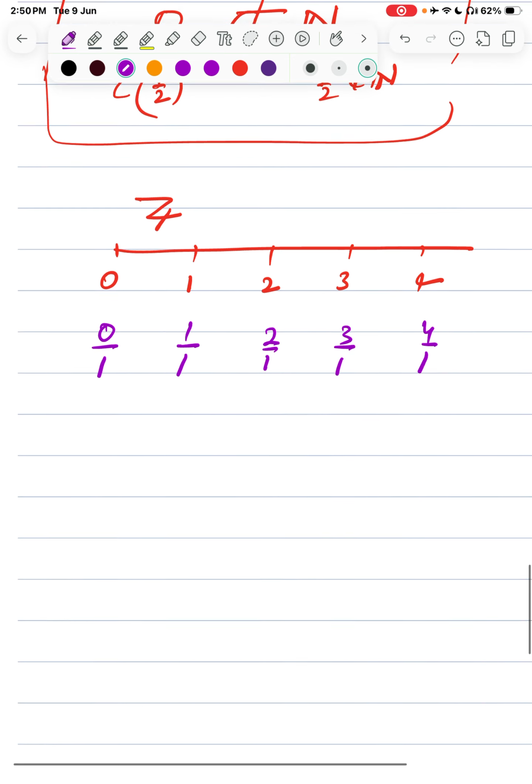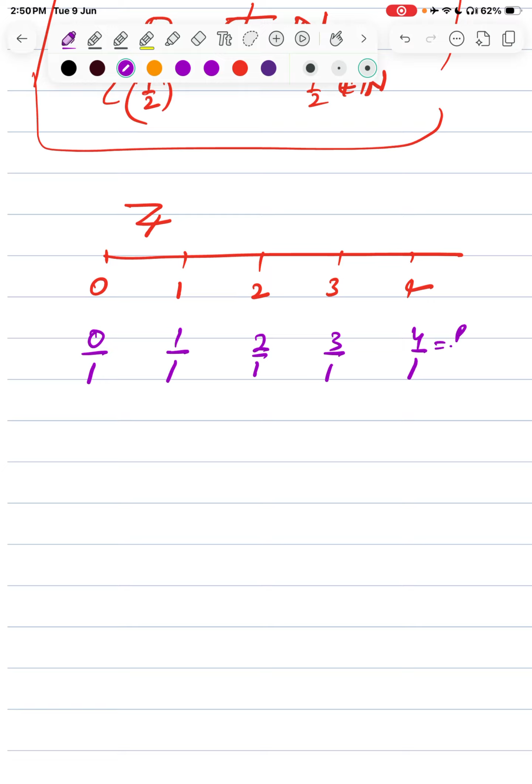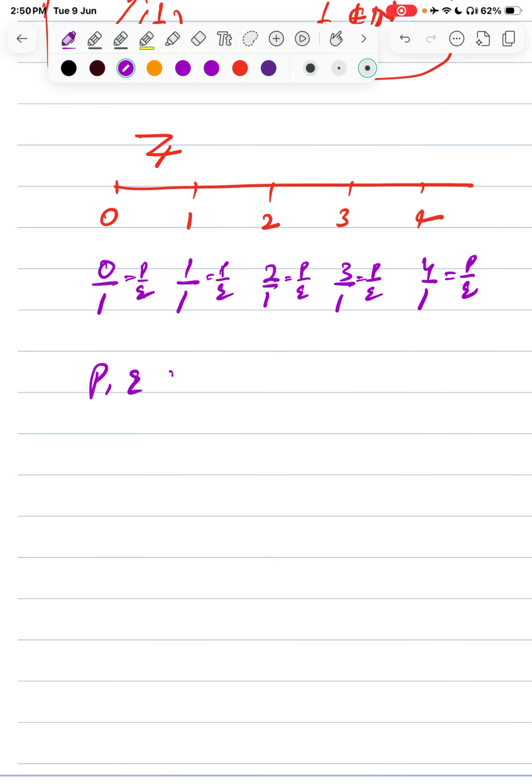So this is again in p by q form, where p is an integer and q is an integer. Q can't be 0, but p can be 0, because we have taken p, q belonging to the set of integers and q is not 0. So q is not 0 in any of these numbers, and you can go on like this.